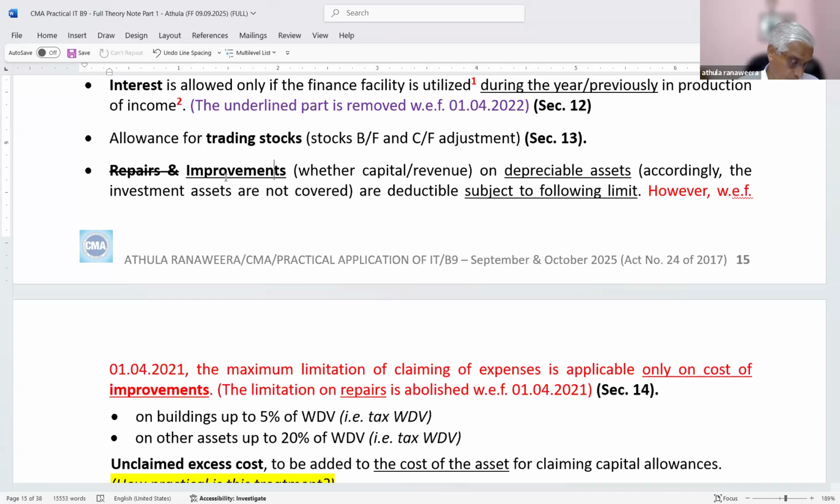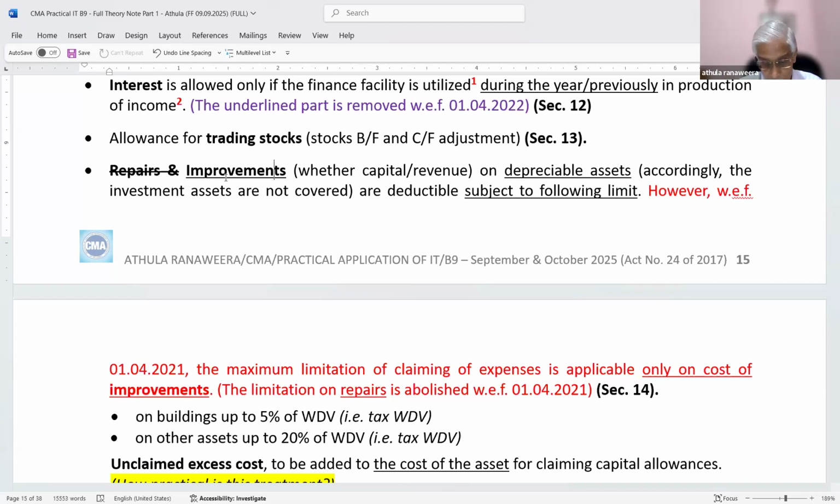But in a way, this is very unfair. You need more and more improvements when the asset is old. When the asset is old, the tax written down value is very small. When the tax written down value is very small, the allowable amount also becomes smaller.